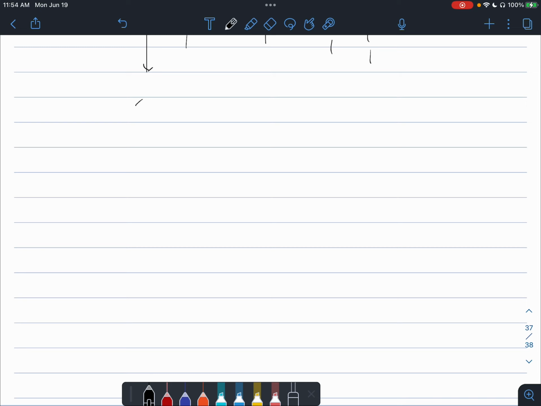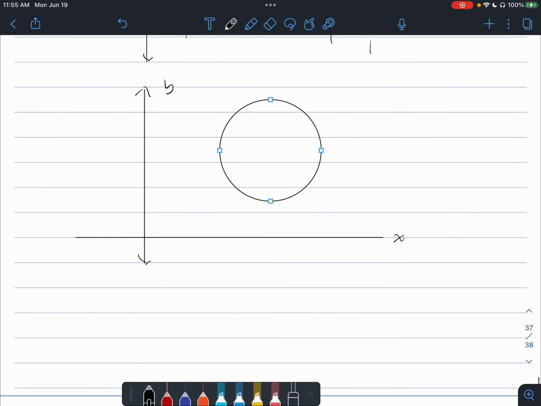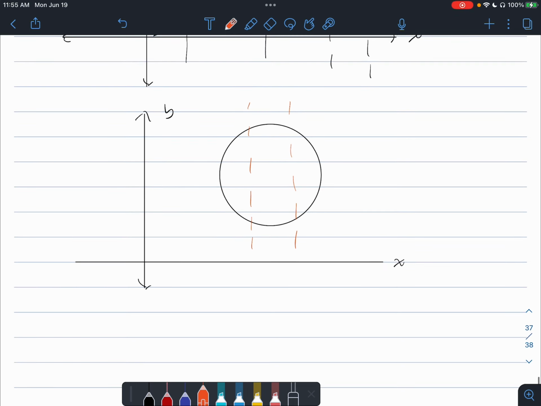What about this one? Do we think that this is a function? We just talked about circles earlier, but this is actually not a function. We can see why this fails. We can draw a vertical line anywhere along this function, and we're going to hit more than one point.